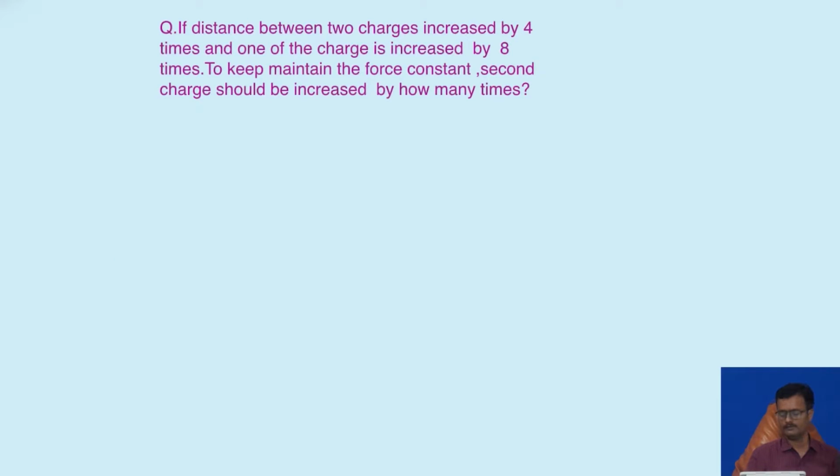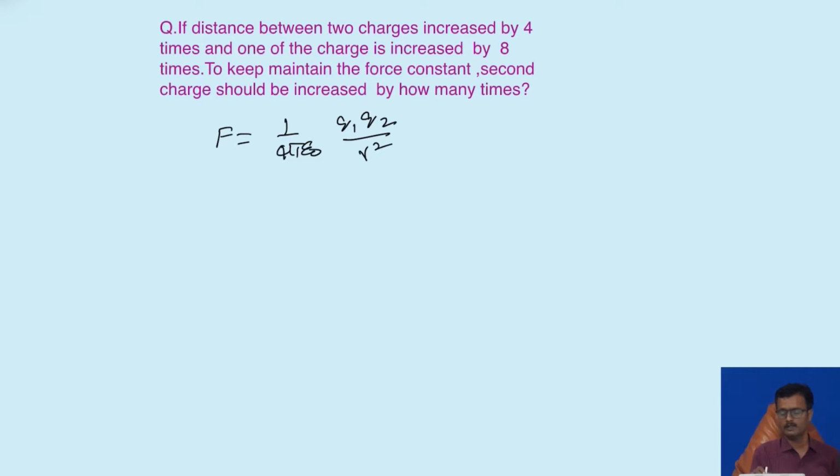Next problem. If the distance between two charges is increased by 4 times and one of the charges is increased by 8 times, to maintain the force constant, the second charge should be increased by how many times? F is equal to 1 by 4 pi epsilon naught Q1 Q2 by R square.